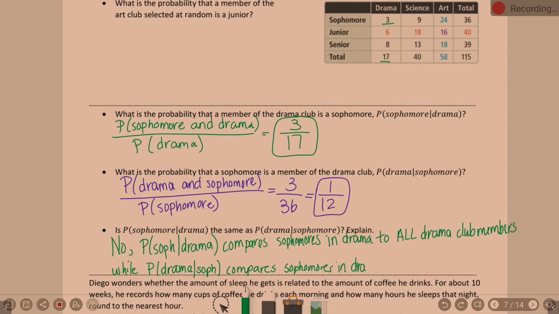But this time it's going to compare it to all sophomores. So, get some kind of explanation down. Understand the difference there.